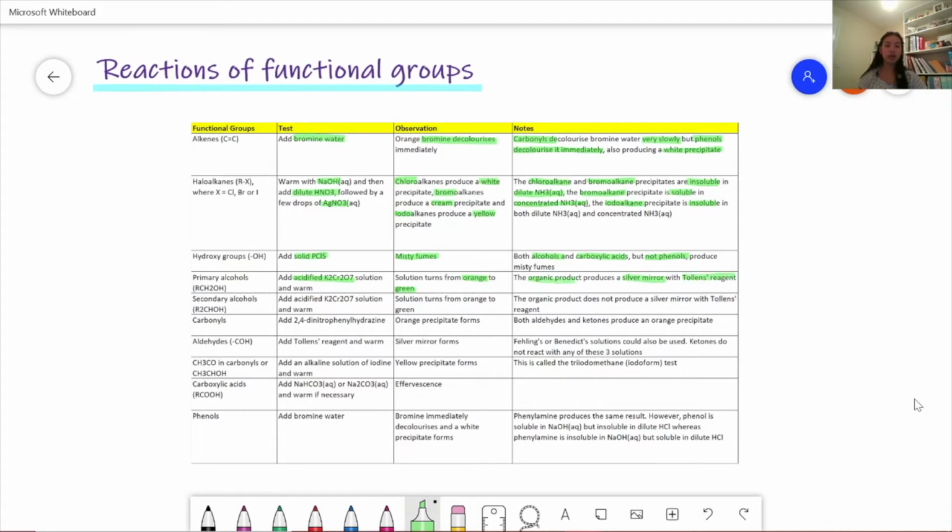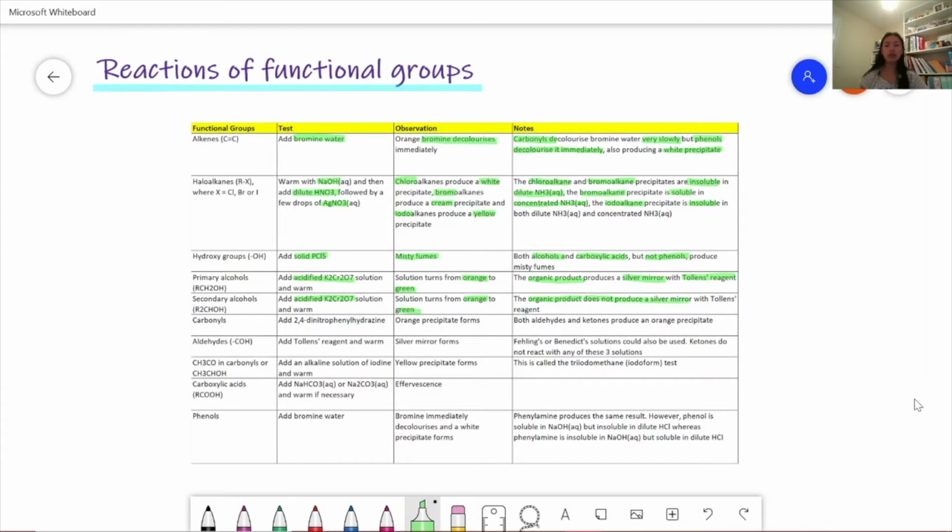And this is because the organic product produced is an aldehyde, and that can be oxidized further because Tollens' reagent is another oxidizing agent. And then for secondary alcohols, we again add acidified potassium dichromate solution and warm. And so again, the solution turns from orange to green. And this time, the organic product doesn't produce a silver mirror with Tollens' reagent.